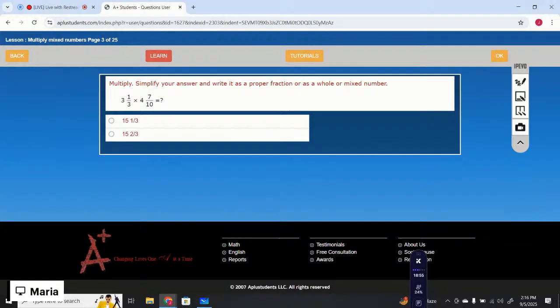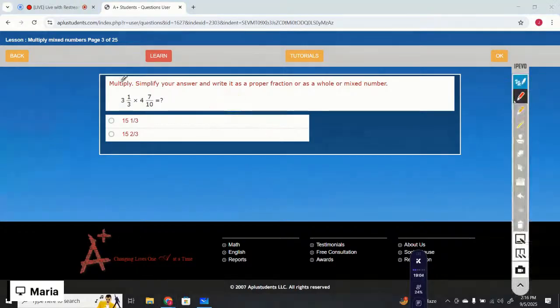Okay, 3 whole 1 by 3 times 4 whole 7 over 10. Let's just convert them to improper fractions. We have to do 3 times 3, that is 9, right? 1 you need to add. 9 plus 1 is 10 over 3. Okay, 10 times 4 is 40 and 7 makes 47 over 10. So the 10s cancel out. Let's just divide 47 by 3. 3 times 1 is 3. 4 take away 3 is 1, bring down 7. 3 times 5 is 15.